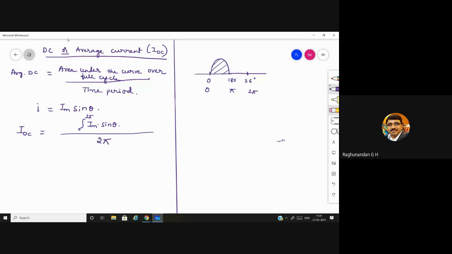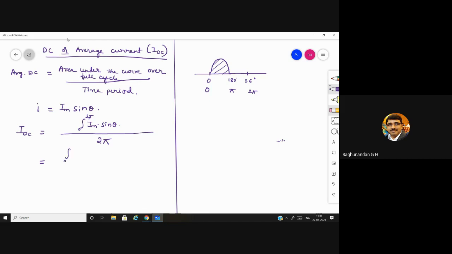So this is the first step. This tells that the current is in the range from 0 to 2 pi. Now we will split it into two halves, because the positive cycle flows from 0 to pi and the negative cycle flows from pi to 2 pi.